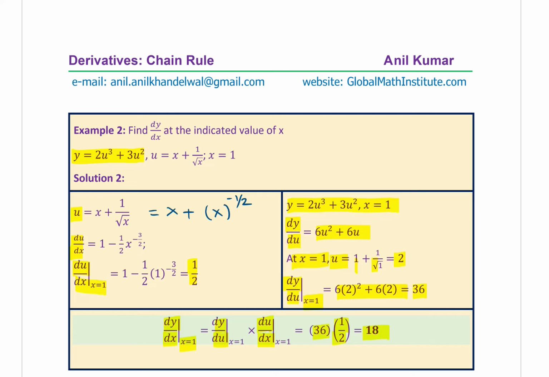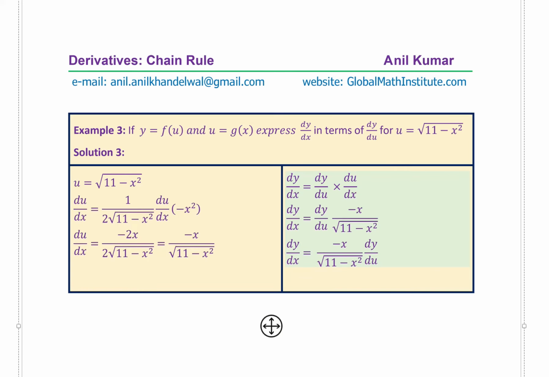Now let's take the next example, which is example number 3. If y equals f of u and u equals g of x, express dy dx in terms of dy du for u equals square root of 11 minus x squared.